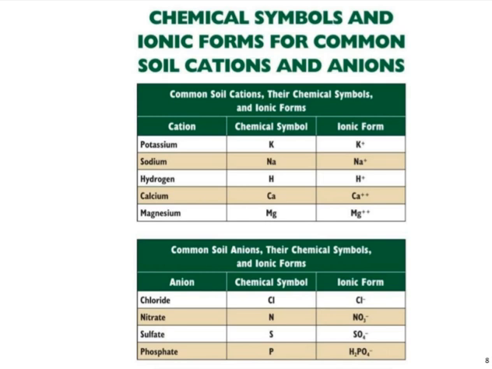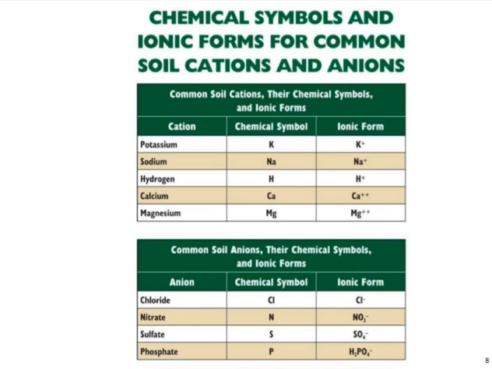Then, what are cations and their symbols and their ionic forms? Some common soil cations and their chemical symbols and ionic forms are: potassium, chemical symbol K and ionic form K+. Sodium, chemical symbol Na and ionic form Na+.